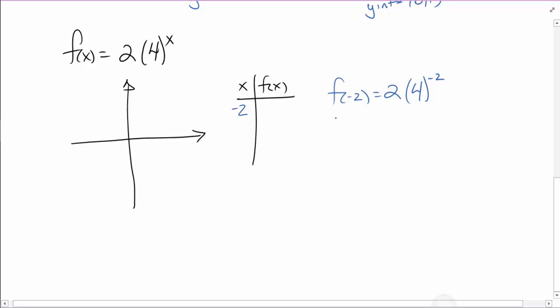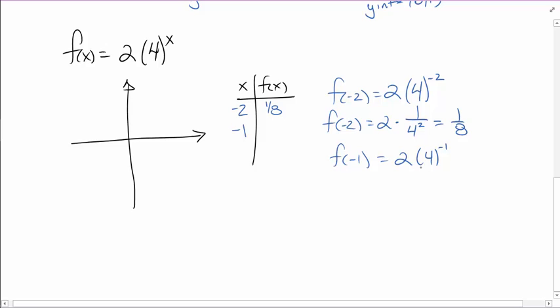We should do the 4 to the negative second first. 4 to the negative second is the same as 1 over 4 squared, which is 1 over 16, times 2 will yield a 1/8. If we plug in a negative 1, f of negative 1 will give us 2 times 4 to the negative first, or 1/4 times 2, which will yield a 1/2.